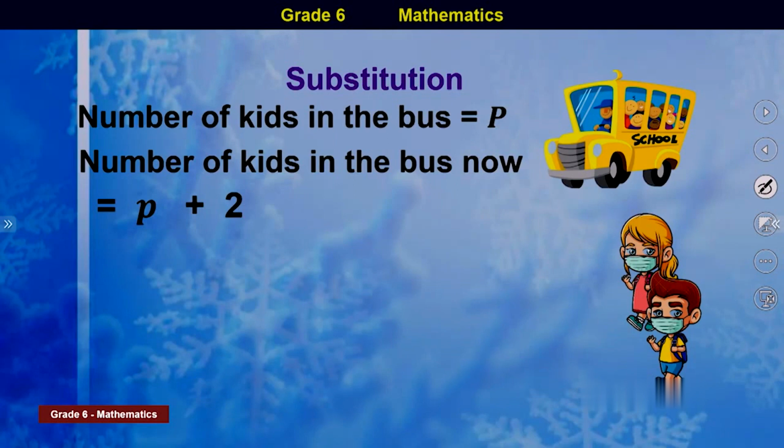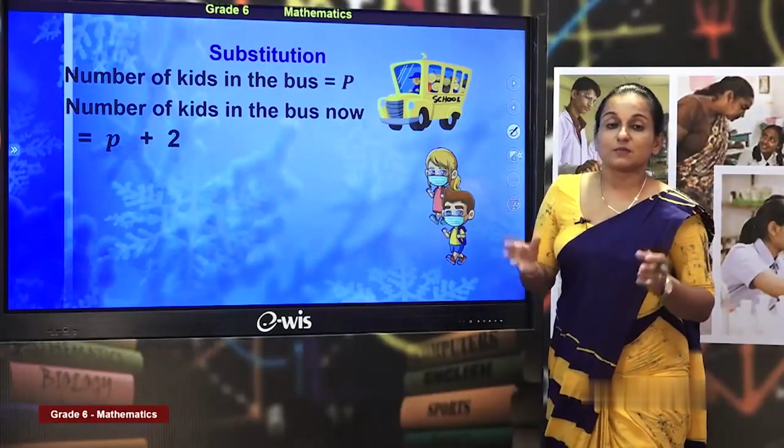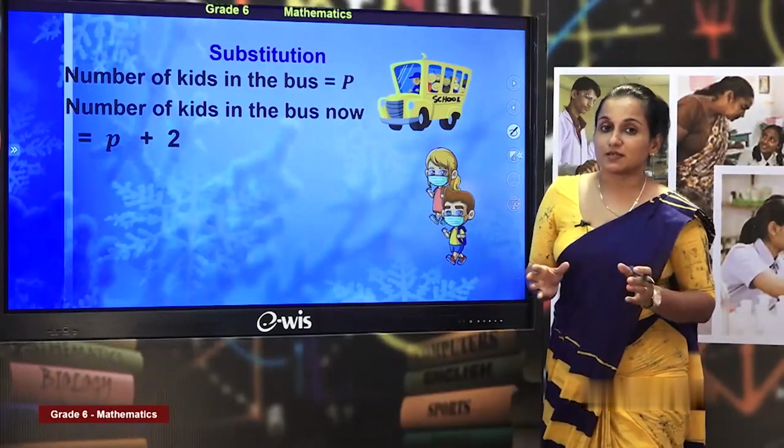After that, we wrote an algebraic expression for the number of kids in the bus after 2 kids got on, as p plus 2. Then later, I found out that there were 10 kids in the bus. That means the value of p becomes 10.